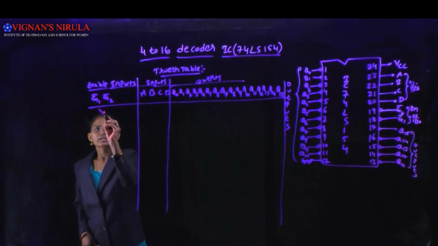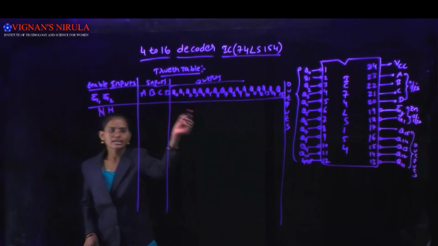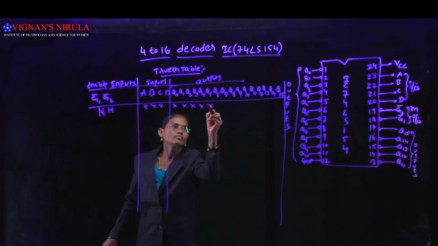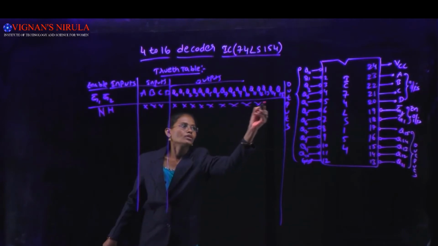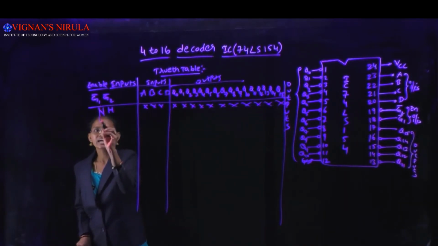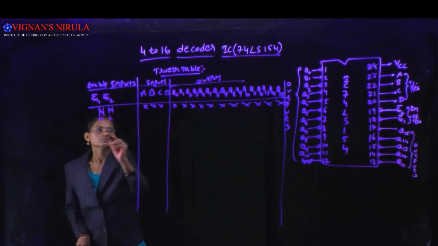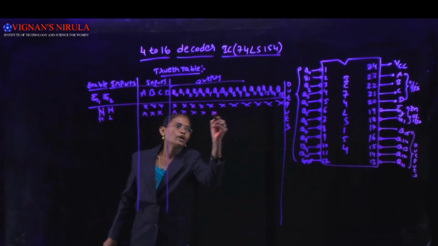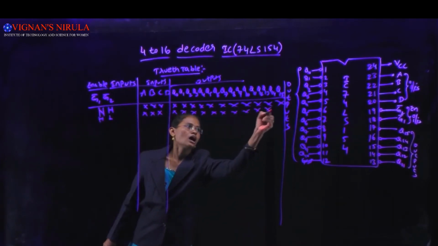That's why here, if enable is high, then the circuit does not act. Up to Q15, and here G1 is high and G2 is low. This combination also does not perform in the IC.